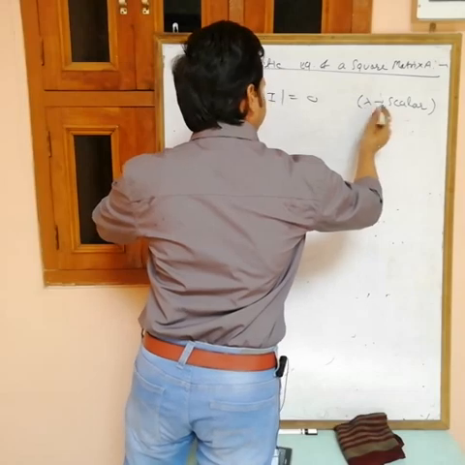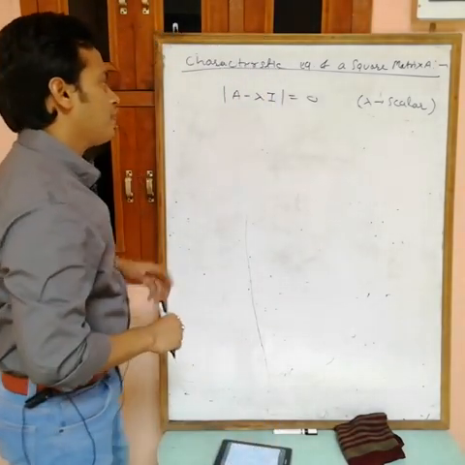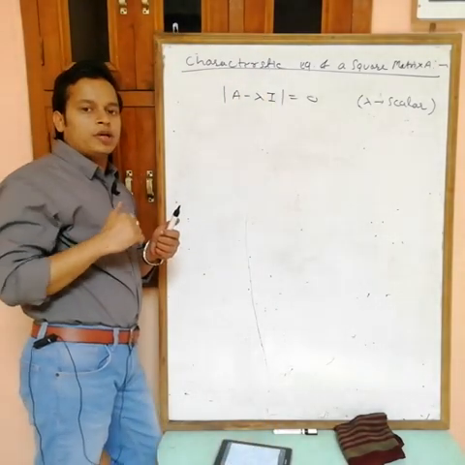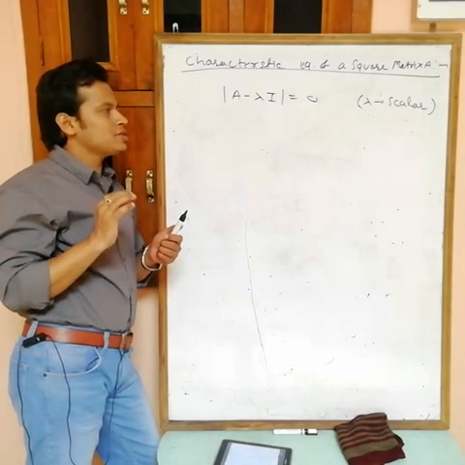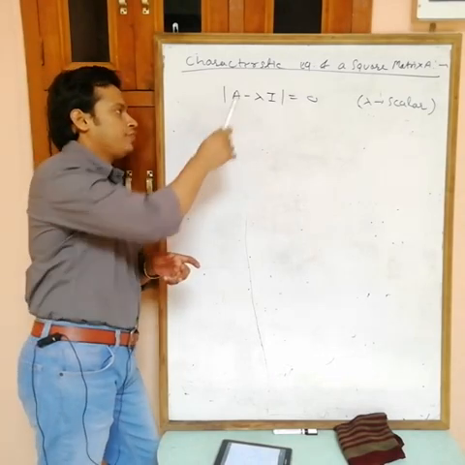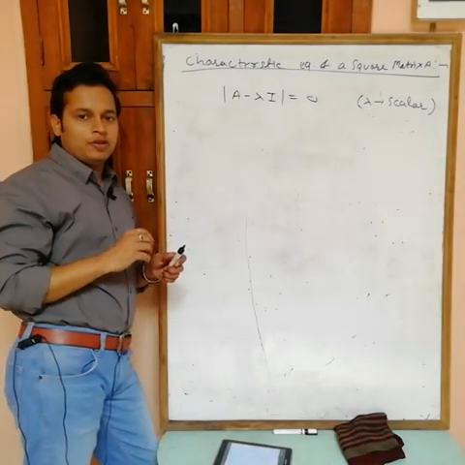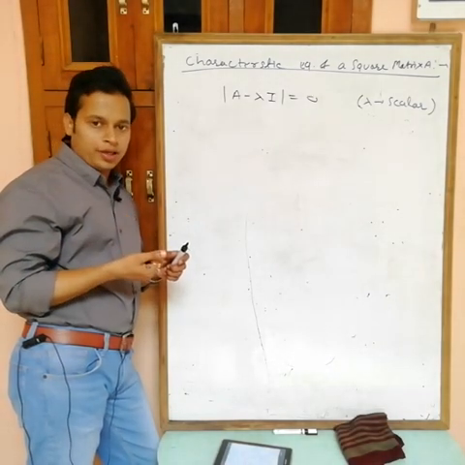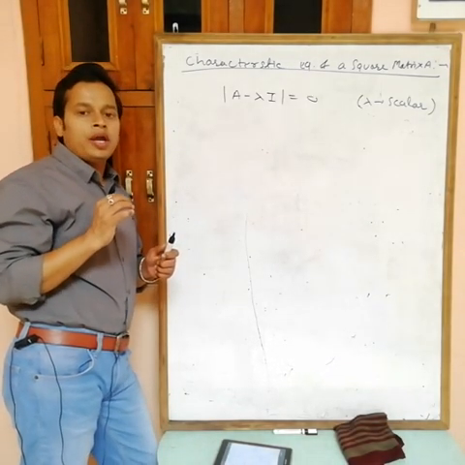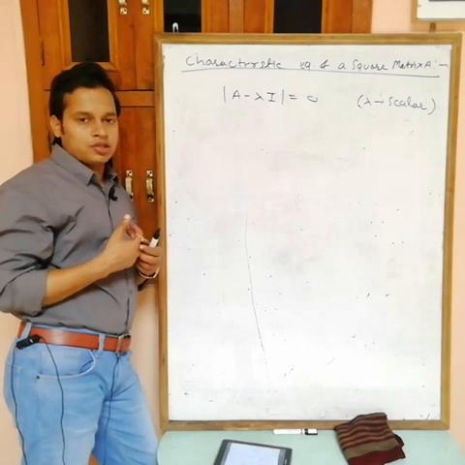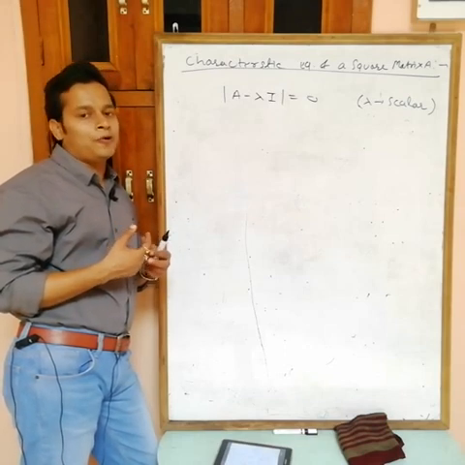So if you want the characteristic equation of any matrix, just simply solve this. If you find the determinant of A minus lambda I, and the order of A is n, then you will get an n degree polynomial equation.